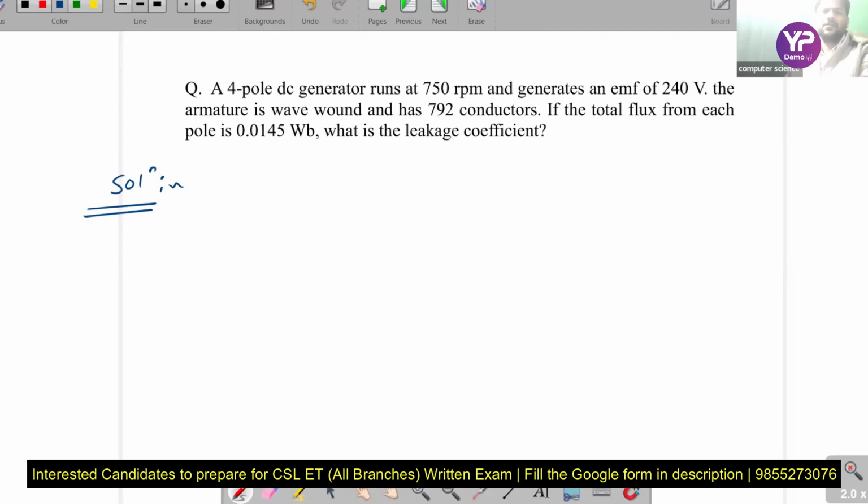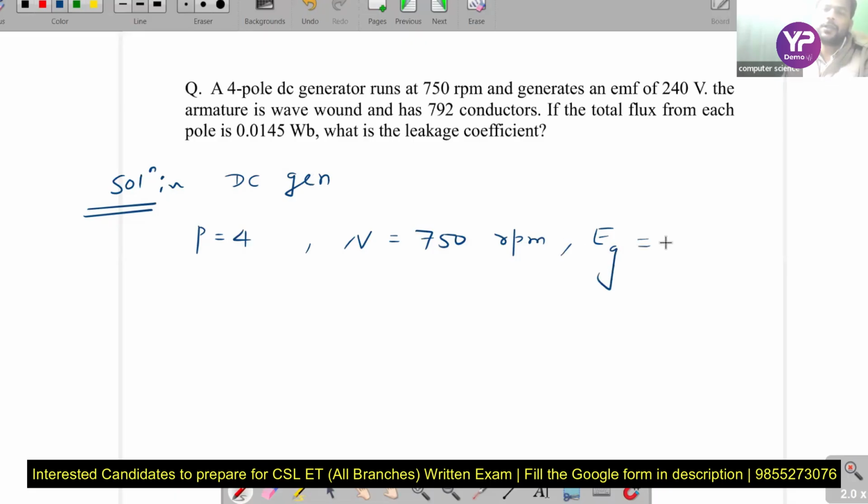So we try to solve the next question, which is a 4-pole DC generator. The DC generator having 4 poles runs at a speed of 750 rpm and generates an EMF of 240 volt.